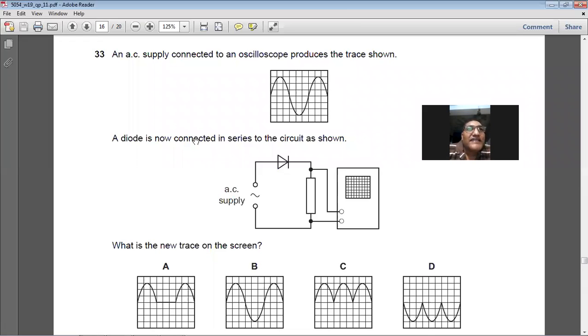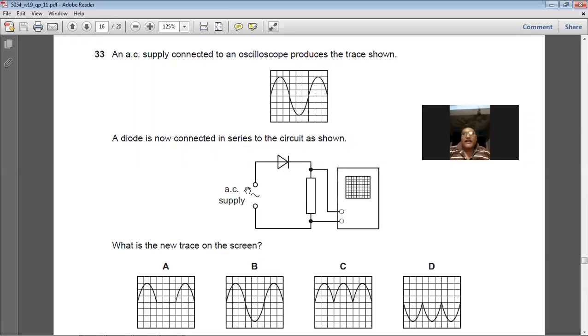A diode is now connected in series to the circuit as shown. So when you connect a diode here, and here you have connected your CRO, the diode will let the current flow in one direction only. But here you have connected the alternating power supply.